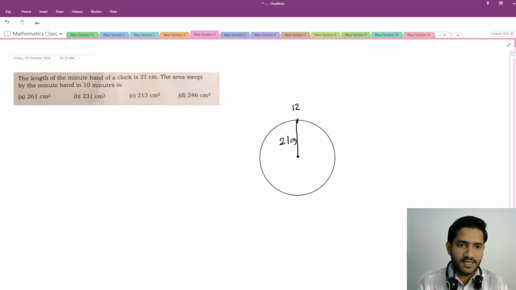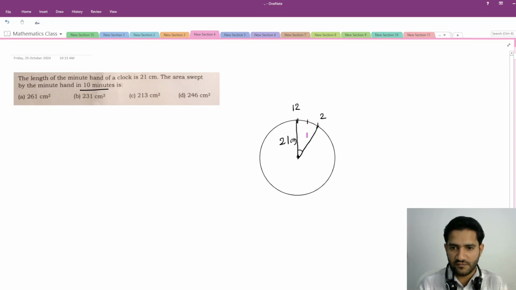And for 10 minutes, now we have 1 and 2; 2 is the 10 minute mark. We need to find the area of this sector. That's the question.